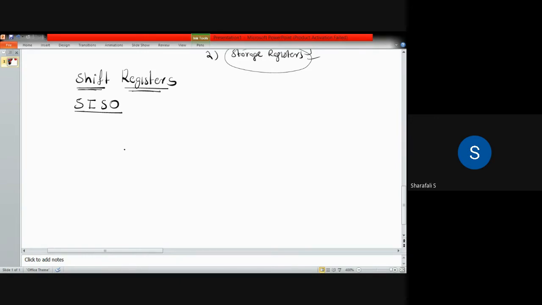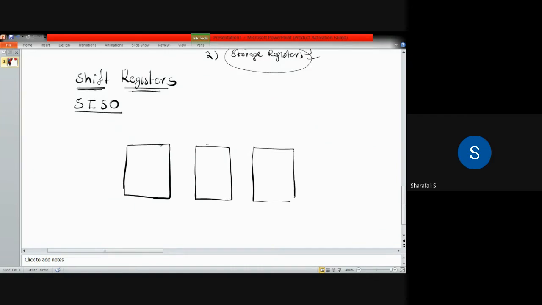We require 4 flip-flops, all of the same size.